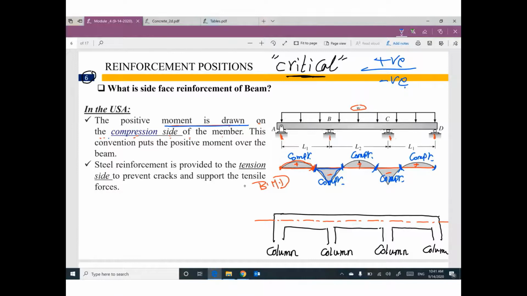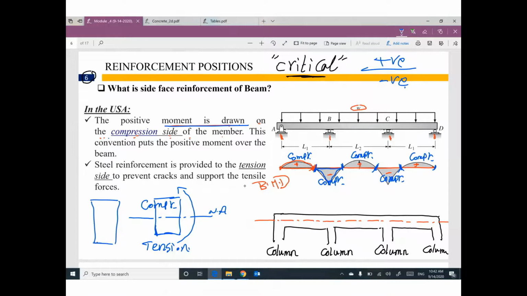Guys, just to remind you, if you have a cross section, we have moment. So we have a neutral axis. So we have one side in tension and one side in compression. Sometimes your moment is coming like this. So your tension will be at the top and sometimes your tension will be at the bottom.